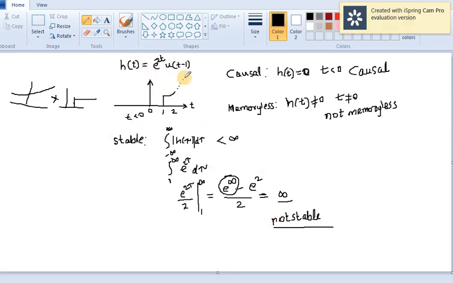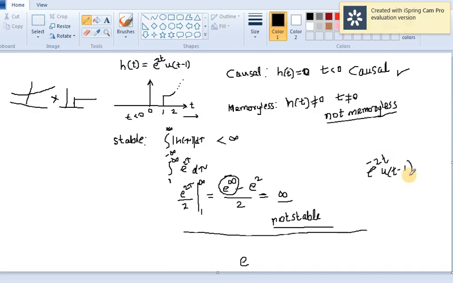In place of this, if it had been e raised to minus 2t, like e raised to minus 2t into u of t, or u of t minus 1, then again this becomes a causal one because it exists only on the right-hand side. Again it is not memoryless because it exists on the right side.